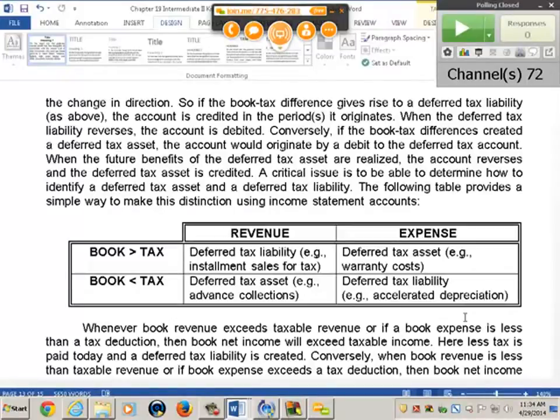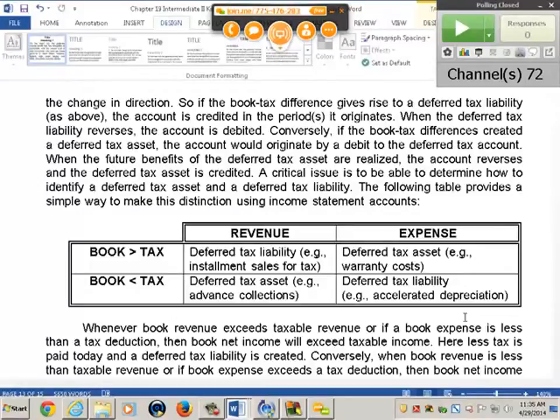So using an installment sale for tax purposes would result. I accrue it for book, installment for tax. If my revenue is greater for tax purposes, I'll pay more tax today. It's like a prepayment, and I have a deferred tax asset. Why is it an asset? I get future tax deductions.